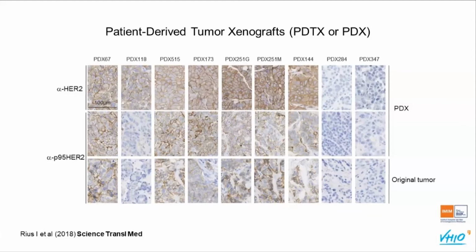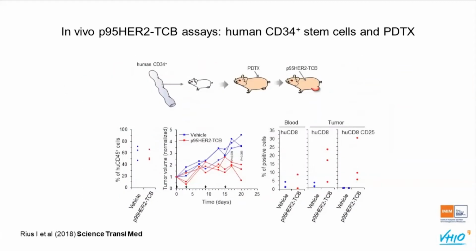Using these models instead of cell lines, we were able to show that the antibodies were also effective, and we also saw something that we cannot fully explain, which is that many of the PDTXs did not grow into fully humanized mice. So the engraftment was very inefficient. Many of the tumors didn't grow, and sometimes we had to inject dozens of mice to have some tumors grow.